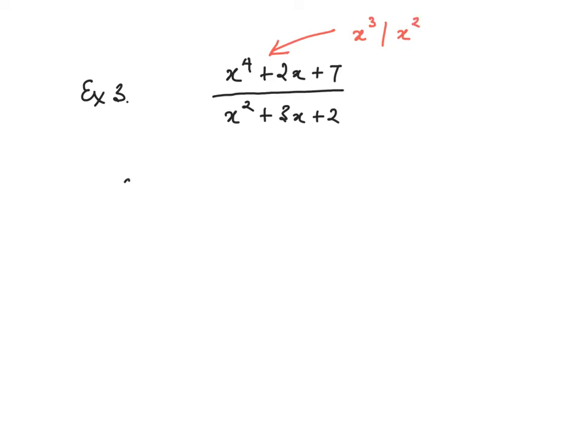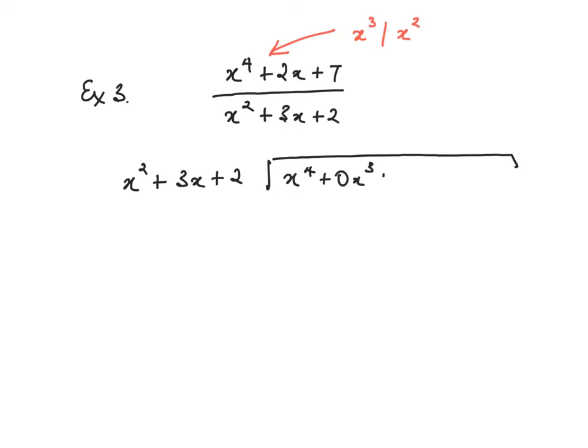Well, x to the 4, what I could maybe do is just put in a 0x cubed, that's 0x squared, plus 2x plus 7, and then proceed as normal.